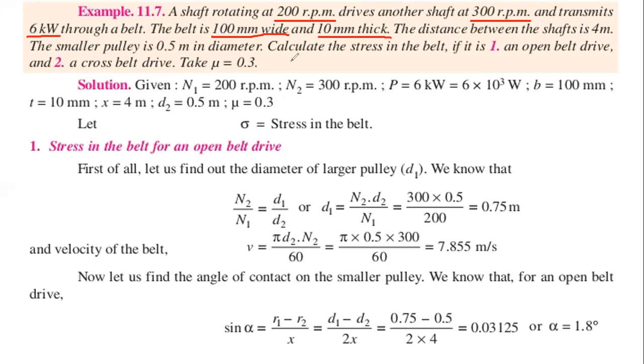Then the distance between the shafts is 4 meters, so the distance is taken as x, that is, x is equal to 4 meters. Then the smaller pulley is 0.5 meters in diameter. The smaller pulley means the driven pulley.